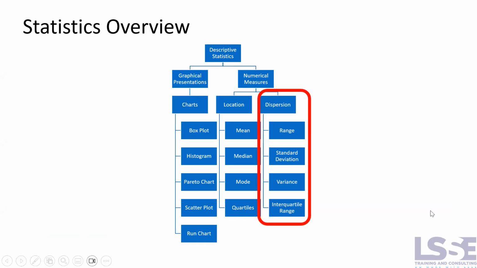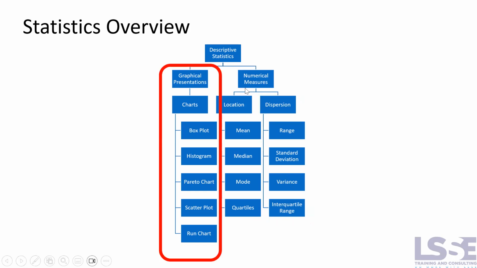We also looked at measures of dispersion: range, standard deviation, variance, which is just the square of the standard deviation, and the interquartile range. I'm not sure if I mentioned this, but the interquartile range is just the difference between Q3 and Q1, quartile 3 and quartile 1. We will touch on that when we go to one of the graphical tools, which is the box plot.